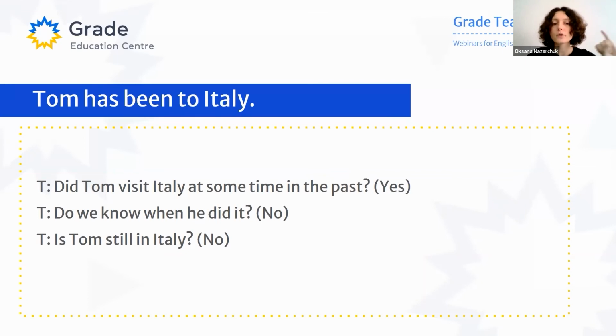So present perfect is used to talk about something that has happened. So it happened at some point in the past. We don't mention when it happened. And in this case, when we talk about has been, Tom is not in Italy anymore. So he went there, he came back. So it's a finished action. So something that happened in the past, but we don't specify when. So these questions are good ones.